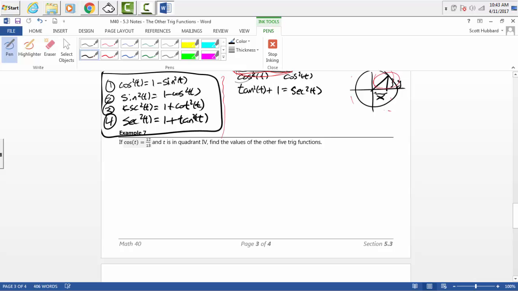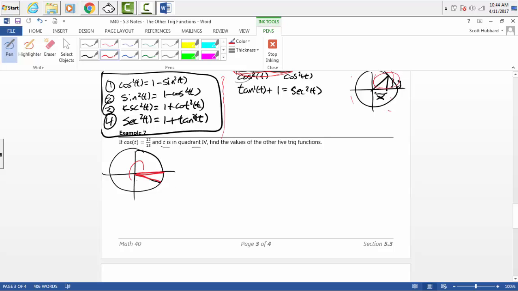So it says cosine of t is equal to 12 over 13, and the angle is in quadrant 4. So again, draw your unit circle. All I know is that the angle is in quadrant 4, so it's like here somewhere. I don't know what the angle is.